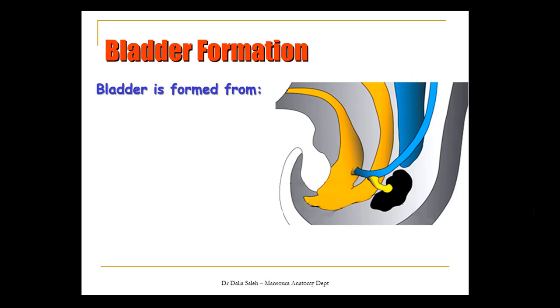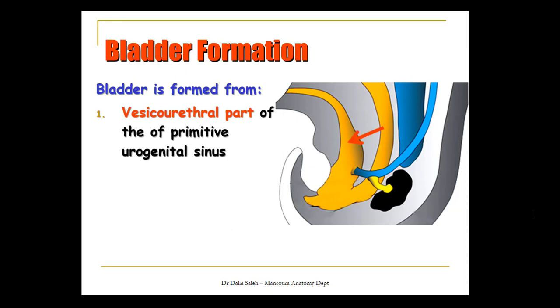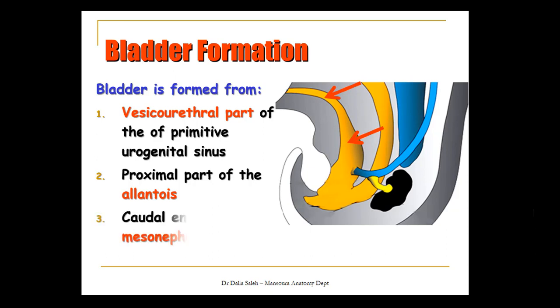The bladder is formed from three different sources: from the vesico-urethral part of the primitive urogenital sinus, from the proximal part of the allantois, and from the caudal ends of the mesonephric ducts.